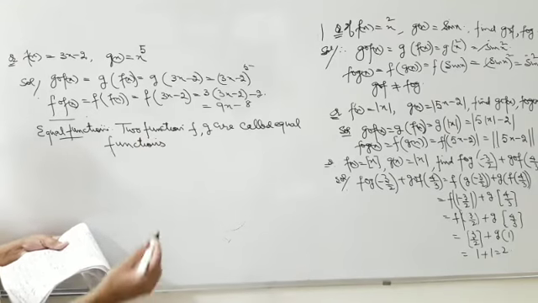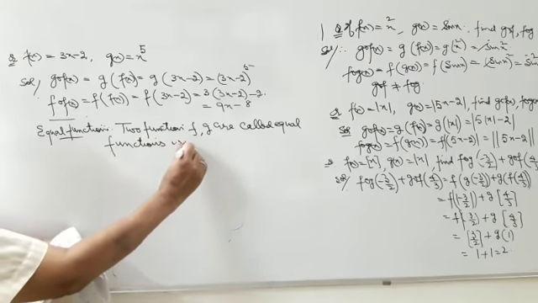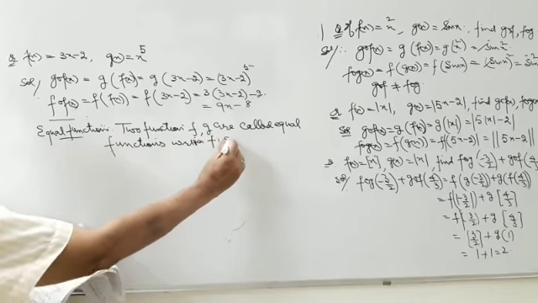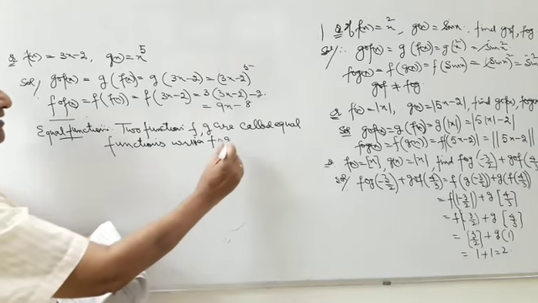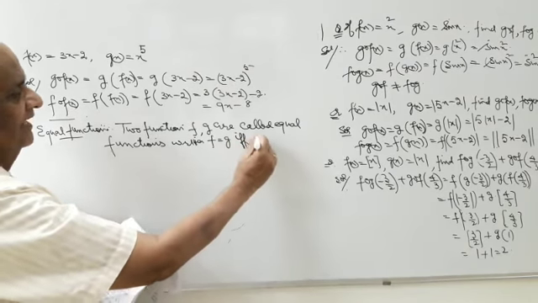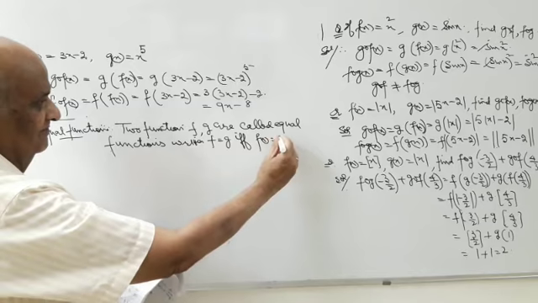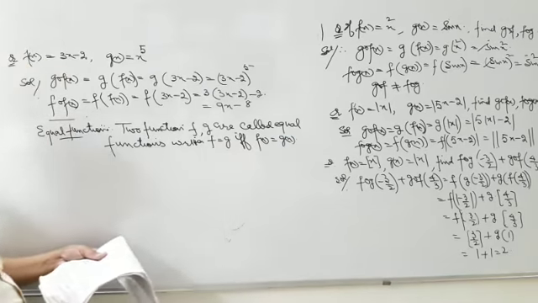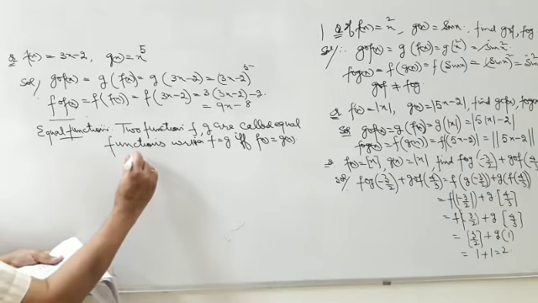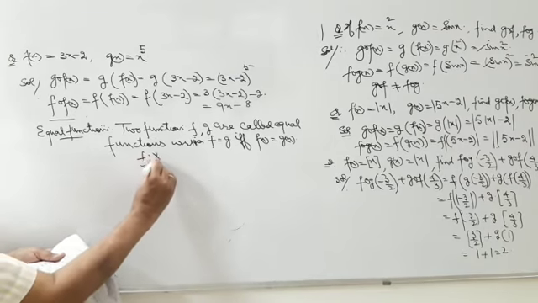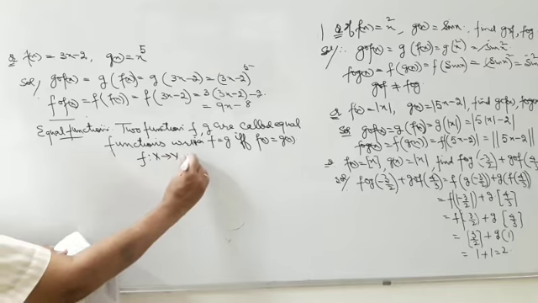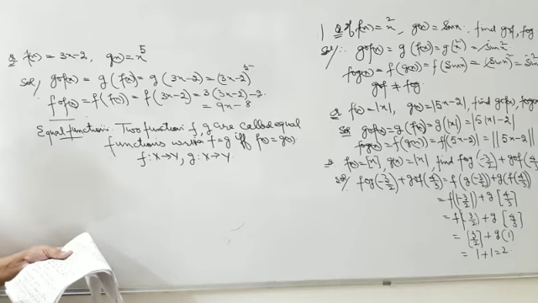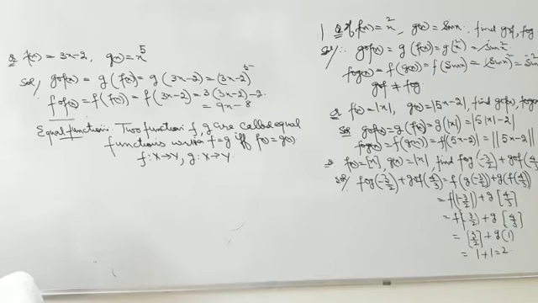Equal functions are written as f is equal to g if and only if f(x) is equal to g(x). Here f is a mapping from X to Y, and g is also a mapping from X to Y. This is the case of equal functions.